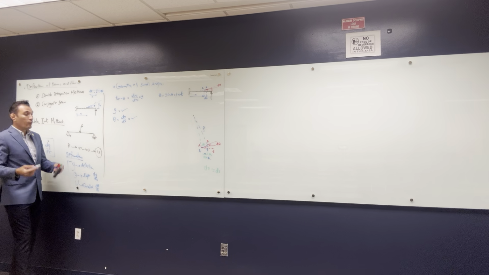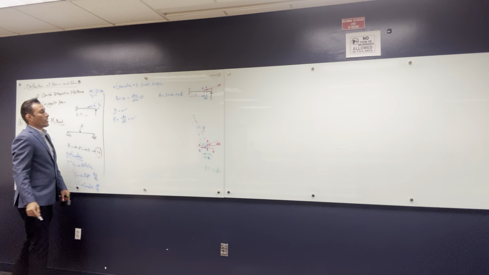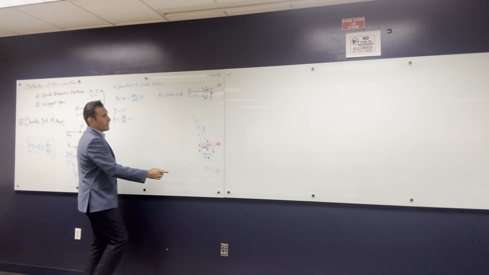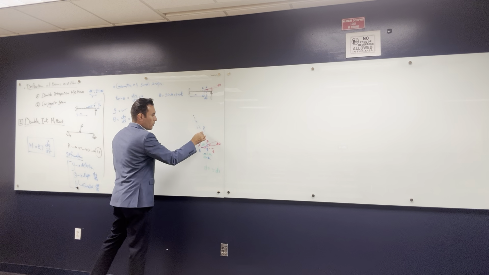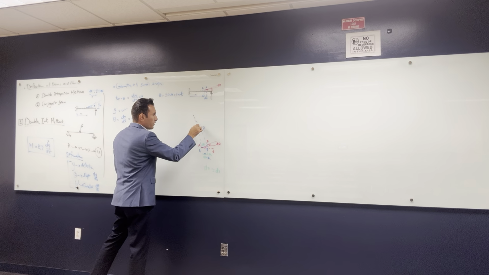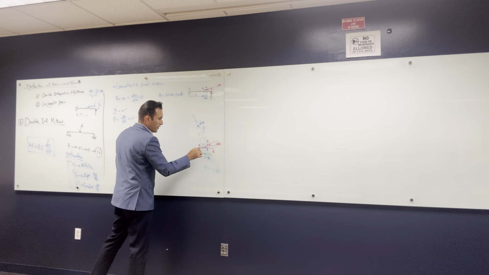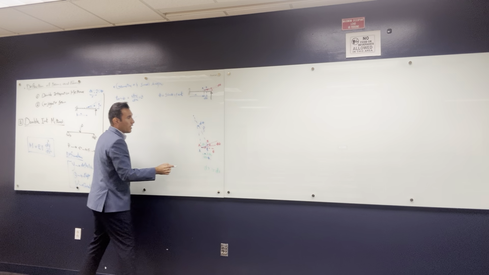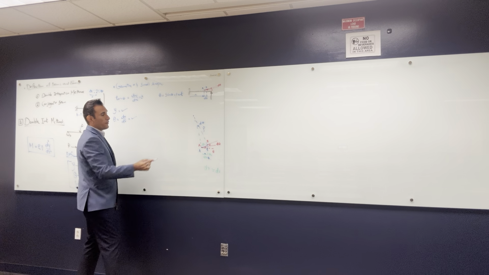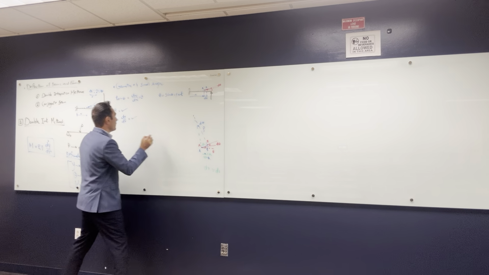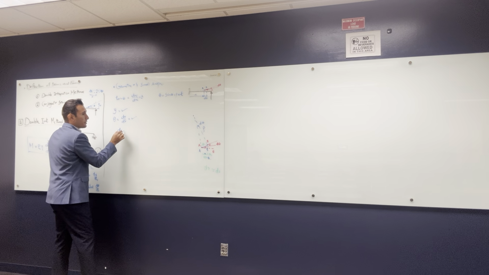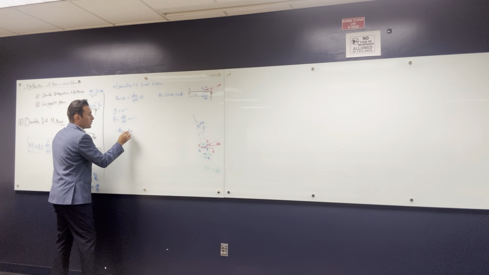Let's find out how we can get Xc. We can get it by the relationship between rho and ds. I know that this angle is d theta, which is the difference in the slope between A and B. And we said last time that ds is equal to rho d theta.